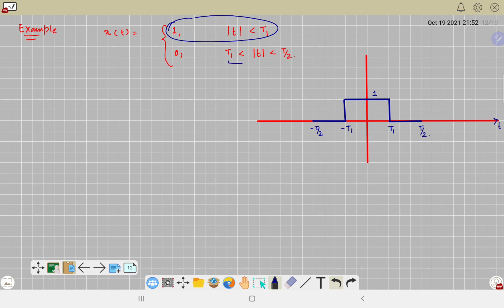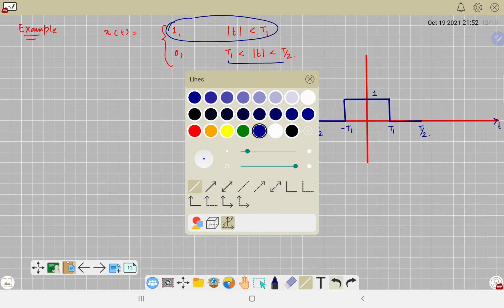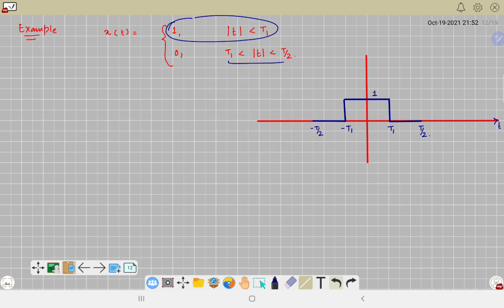Okay, so this takes care of this thing, that it has a value of 0 when the magnitude of time is from t1 to T by 2. तो यहाँ से t1 to T by 2, और negative half से it will be from minus T by 2 to minus t1. Now since it's a periodic signal, which means it will extend, so I may have to extend my time axis just to give you a better understanding how this signal actually looks.